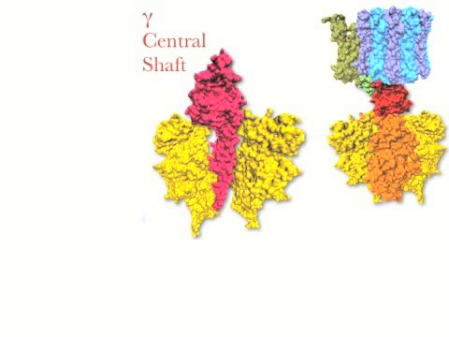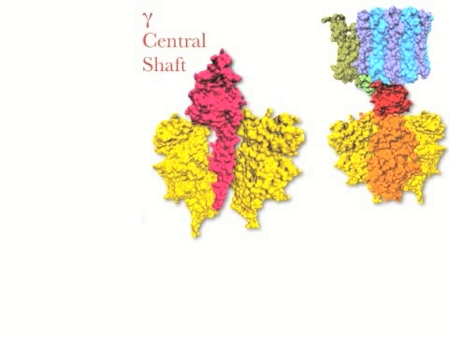But you can see that this central shaft is not symmetric, and it is this asymmetry that causes conformational changes in the beta subunits. Here we see the central shaft as it lies in the middle of the hexameric ring. Portions of this ring have been stripped away so that you can see the gamma subunit in the center.